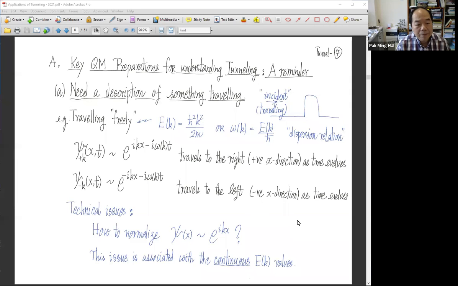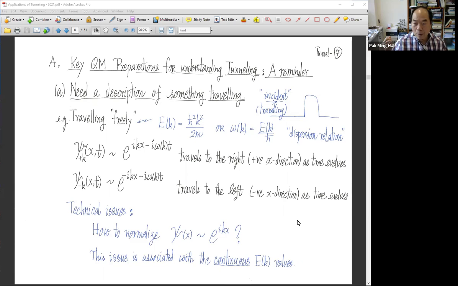So let's continue. I will first remind you of some key ideas related to the quantum mechanics of tunneling. Now, the first thing to do is that we need a description of something that is traveling.